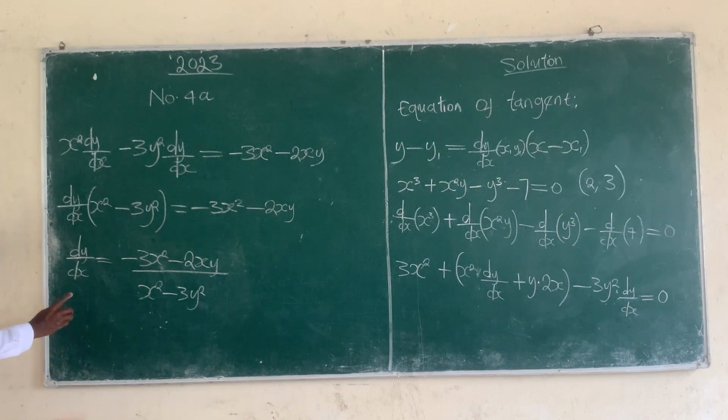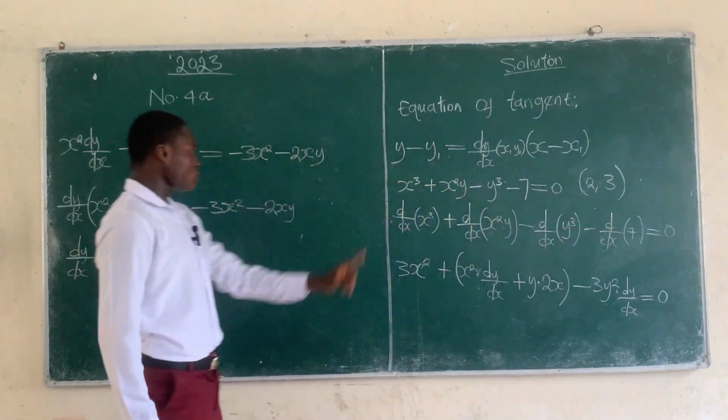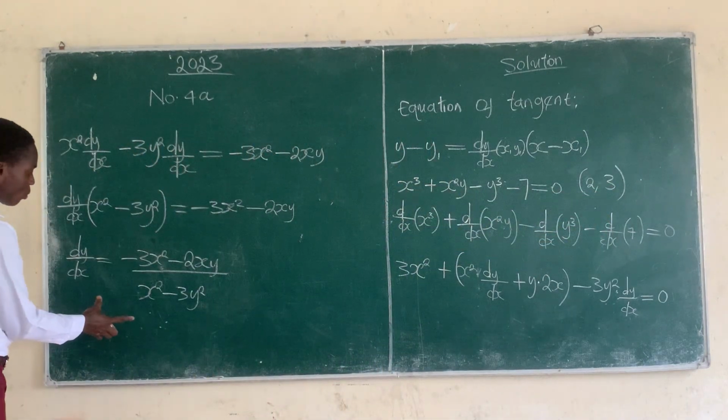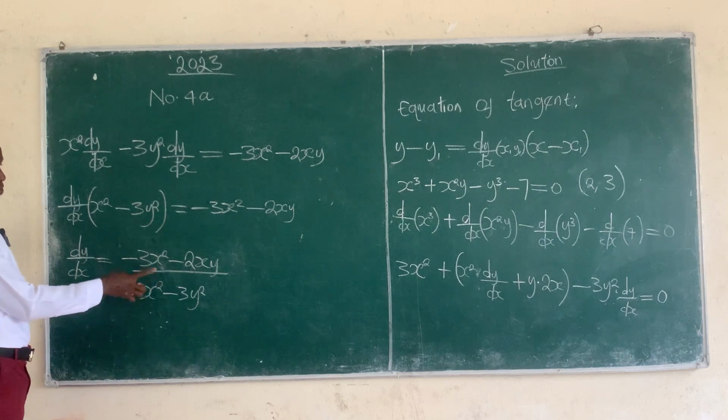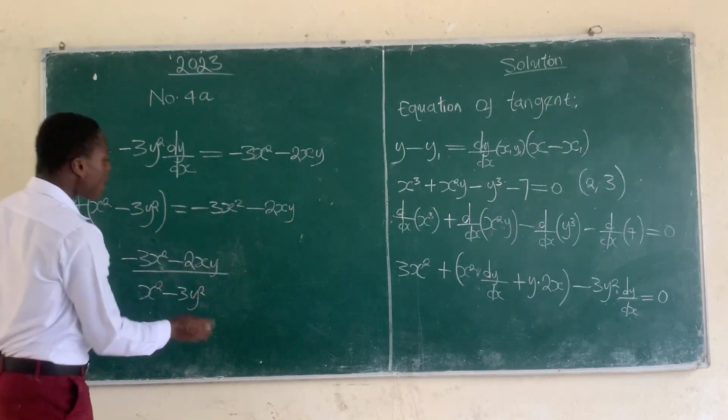So let's quickly find dy dx at the given point 2, 3. We just substitute 2 for x and 3 for y.